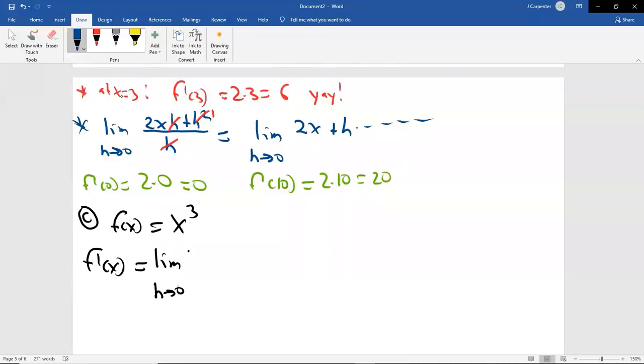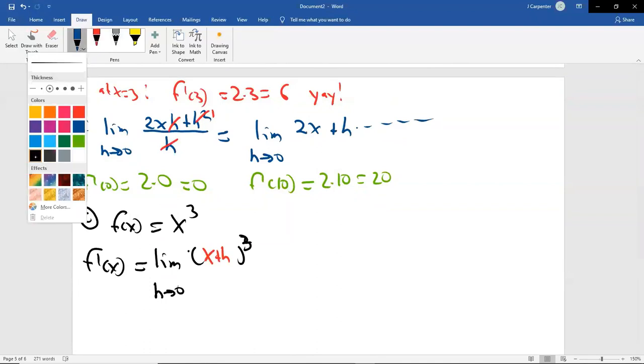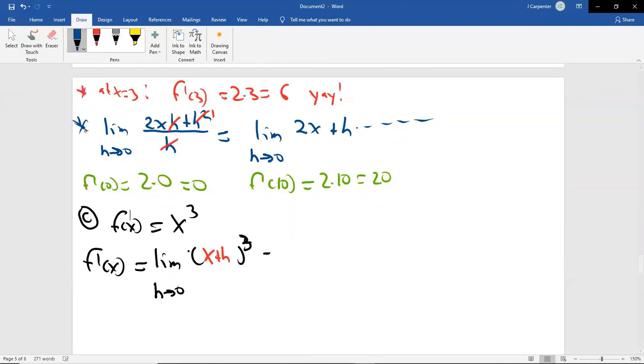So f of x plus h, now we're cubing it. Cubing, not squaring, that's a 3. And we're plugging x plus h in this time. So this is our f of x plus h. Then minus, the f of x is just the x cubed, that's always given. And then all over the h. We can't plug in h equals 0 until that h in the bottom's gone.